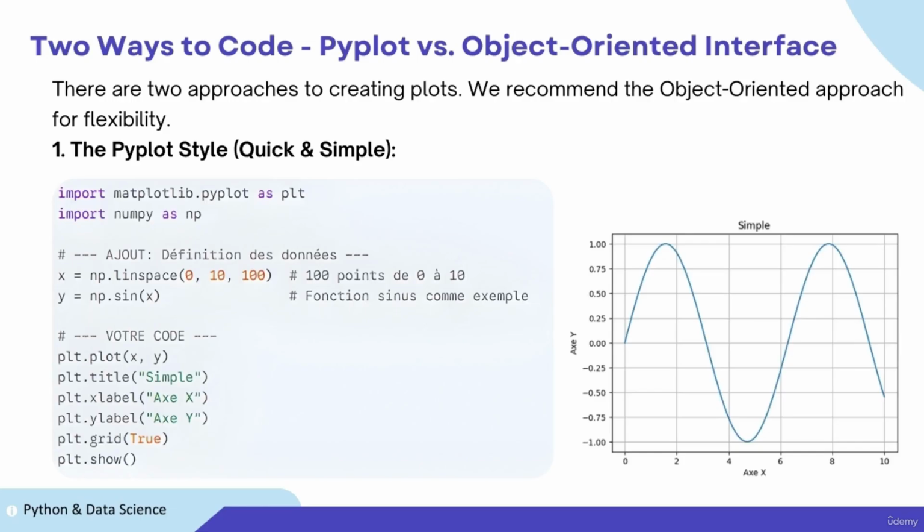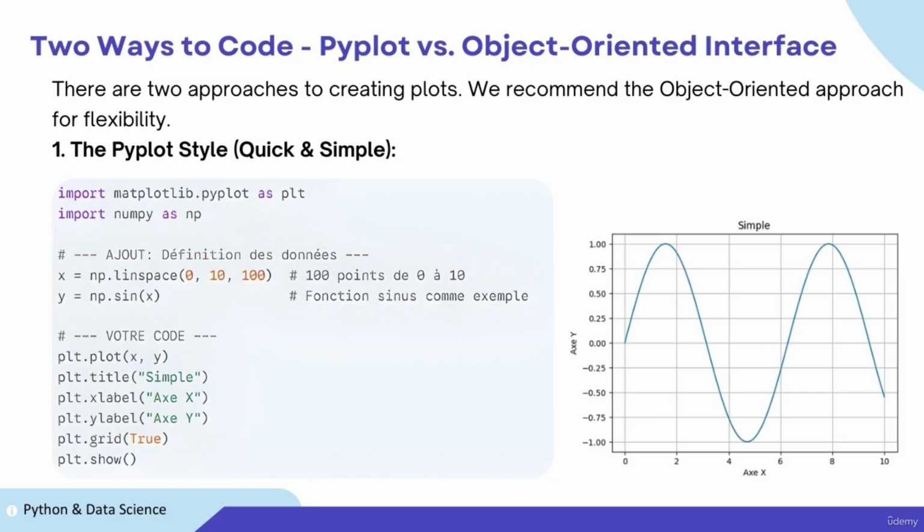When you look at tutorials online, you'll see two different ways to write code. First, there's the pyplot style. This is quick and simple. You just type plt.plot and it works. It's great for quick interactive scripts, but it can get messy for complex figures. Then there's the object-oriented style.